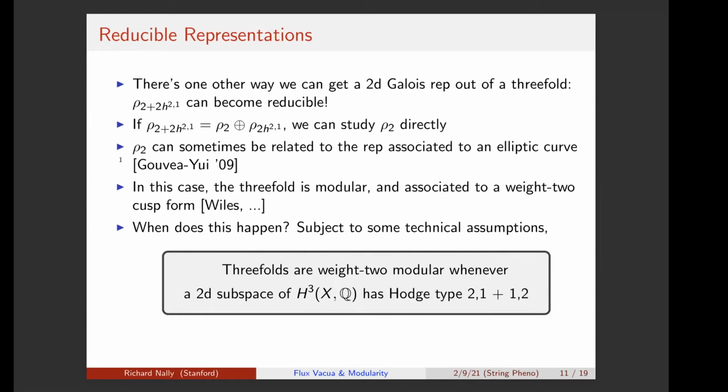And when that happens, buried inside the point counts of my Calabi-Yau threefold are the Fourier coefficients of a weight 2 cusp form. And so subject to some technical assumptions, this happens when there is a 2D subspace of H3(X, Q), where everything in my 2D subspace has Hodge type (2,1) plus (1,2).